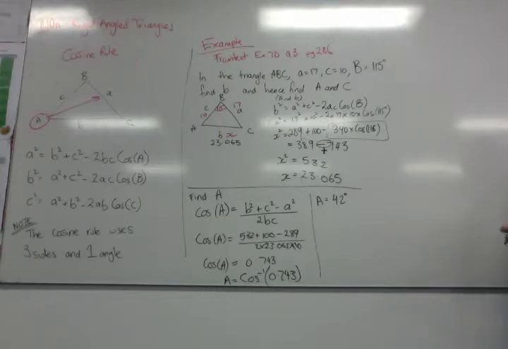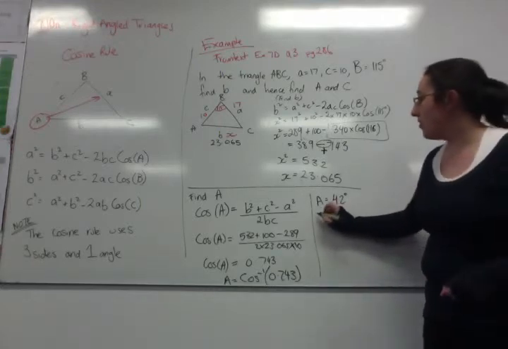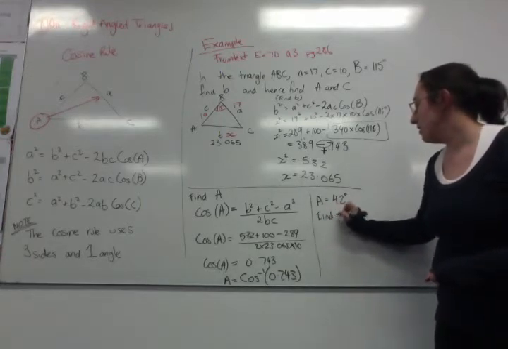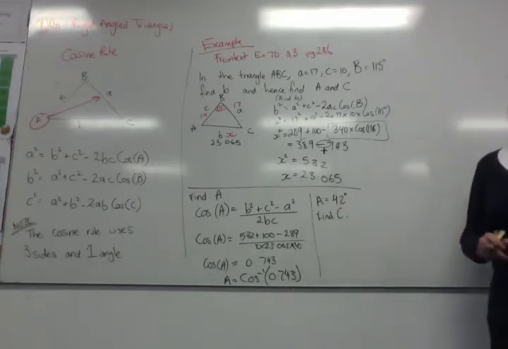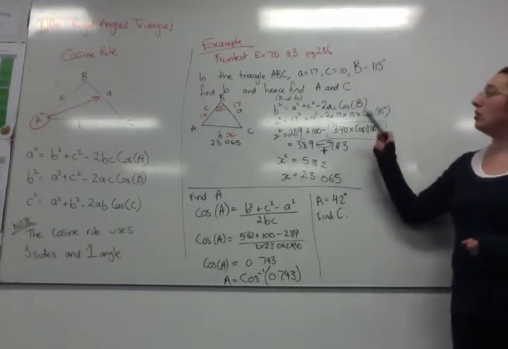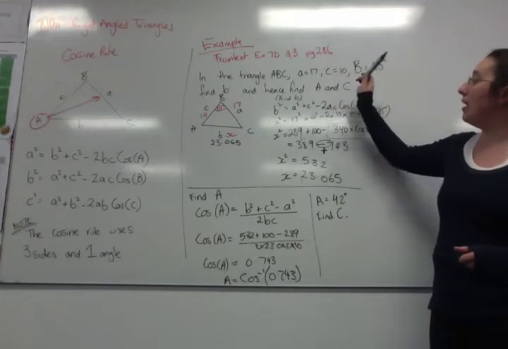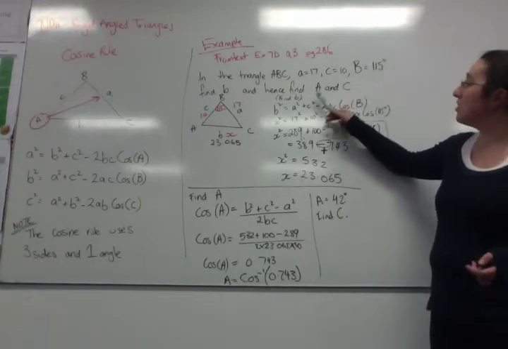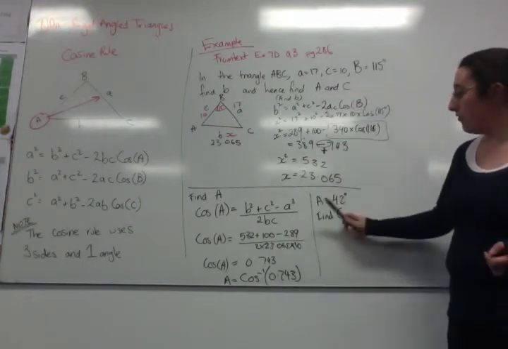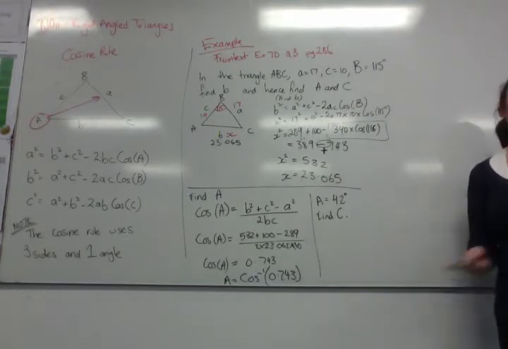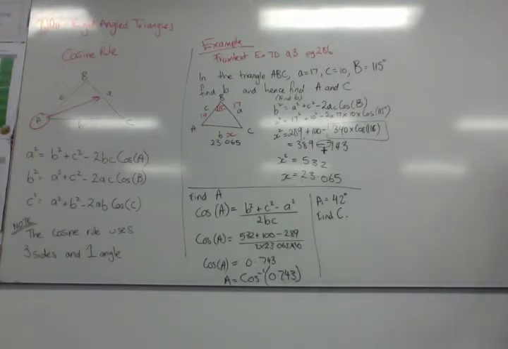Now we've got to find C. We've got angle B because we're given it. We just found angle A to be 42 degrees. So how are you going to find angle C? You take it away from 180.